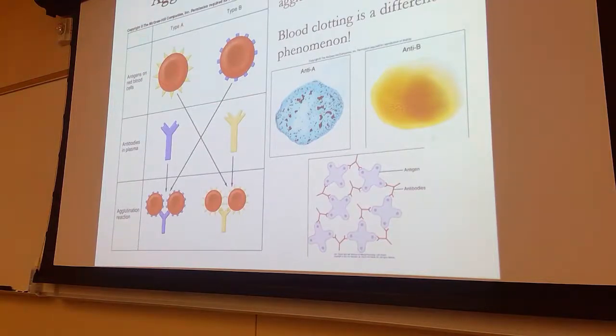This is next week. 3 drops of blood. To those 3 drops of blood, you're going to add antibodies. You're going to add agglutinins.